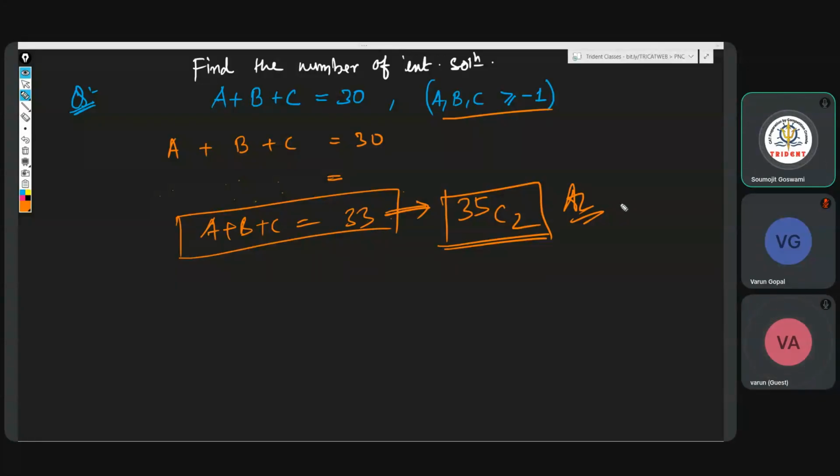There is a special case which I'm not going to teach you, because even I am, let's say, how shall I put this? Chalo, I'll see if I will be able to make sense.